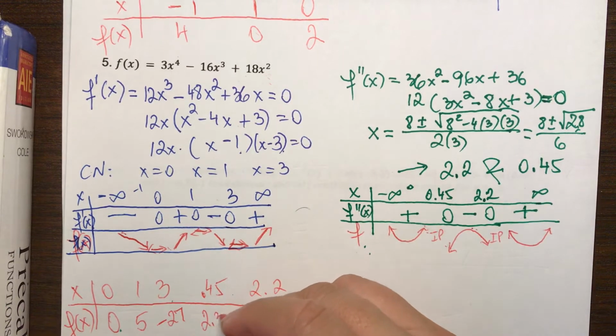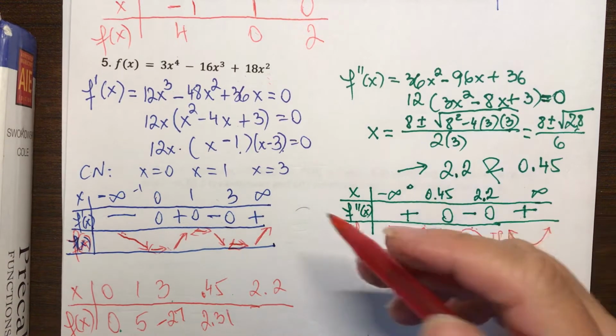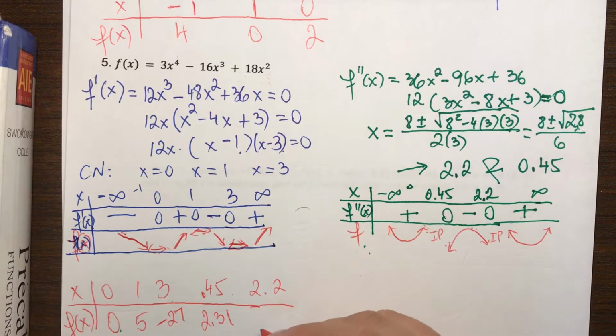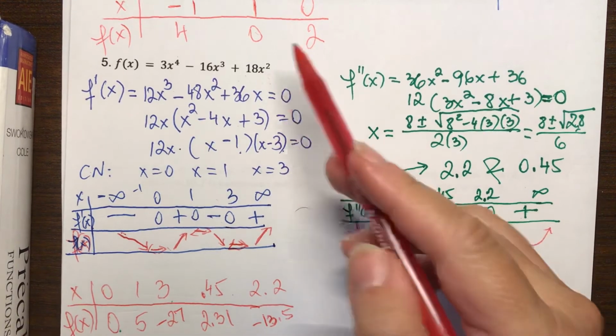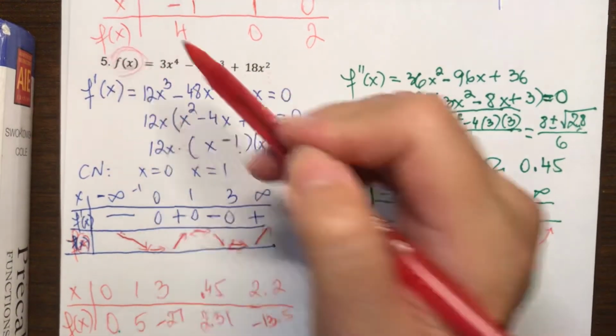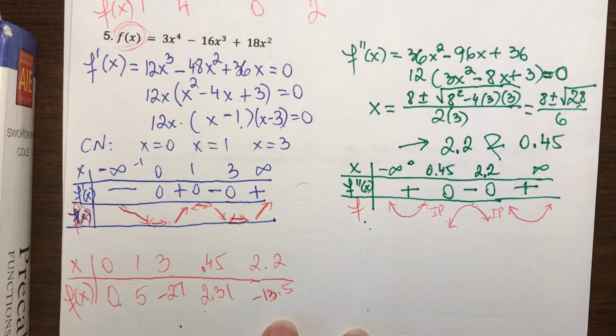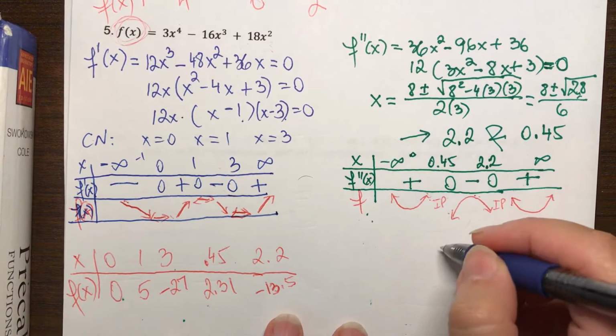That's about 2.31, already did that. And when you plug in a 2.2, same thing, just enter it in your calculator, press enter once, and you got it. But the important thing is that you plug it into your function. Okay. That's the one we're graphing.